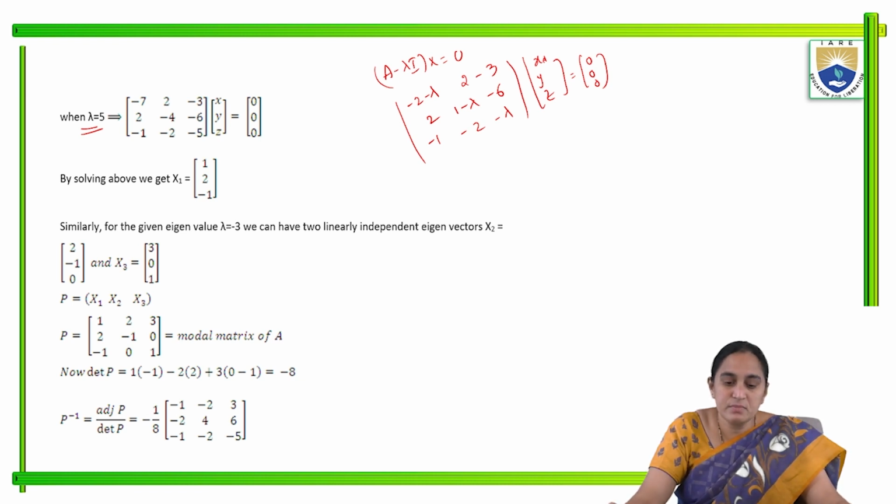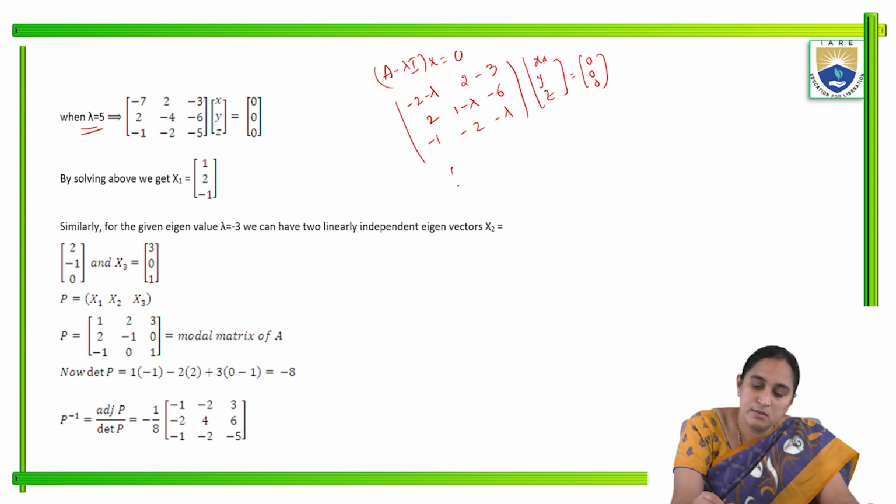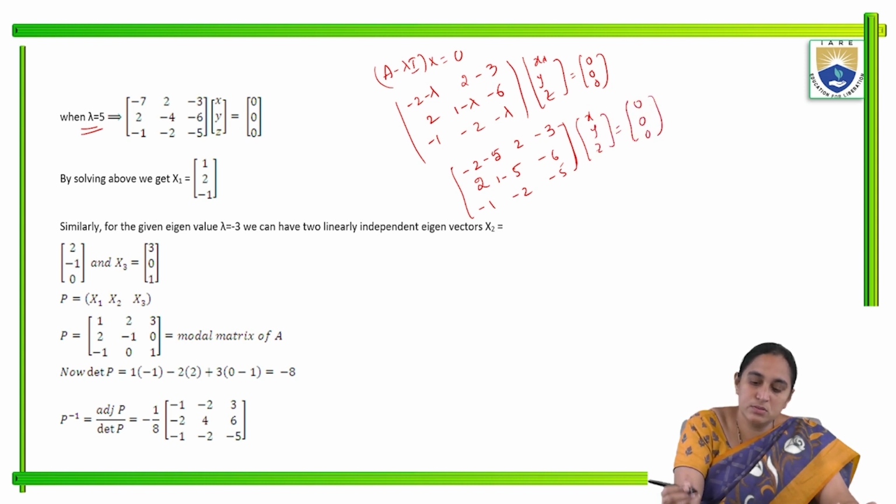For which value are we finding the eigenvector? Lambda is equal to 5. Now substitute: minus 2 minus 5, 2, minus 3, next 2, 1 minus 5, minus 6, next minus 1, minus 2, minus 5, into x, y, z equal to 0, 0, 0.